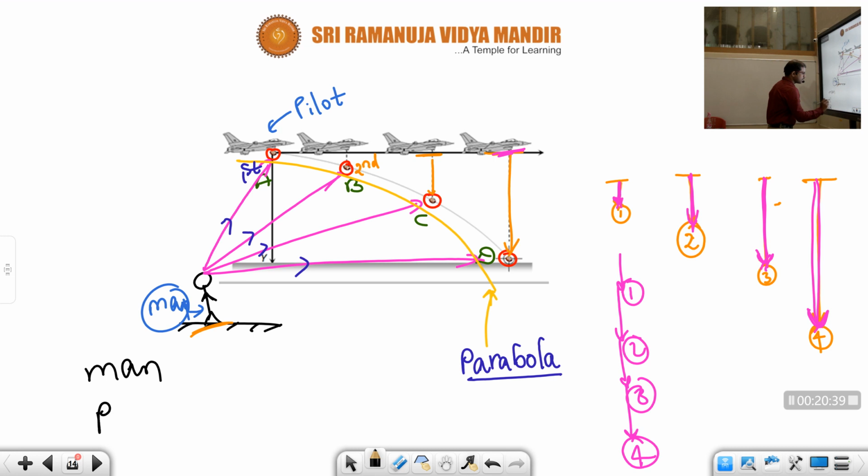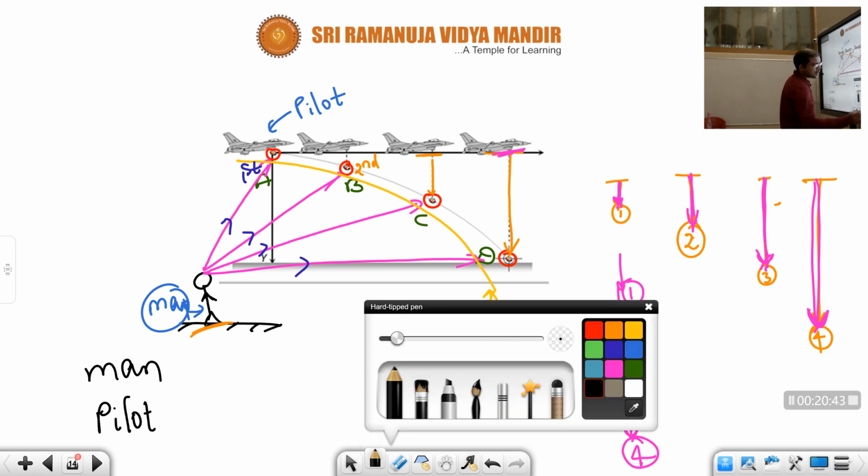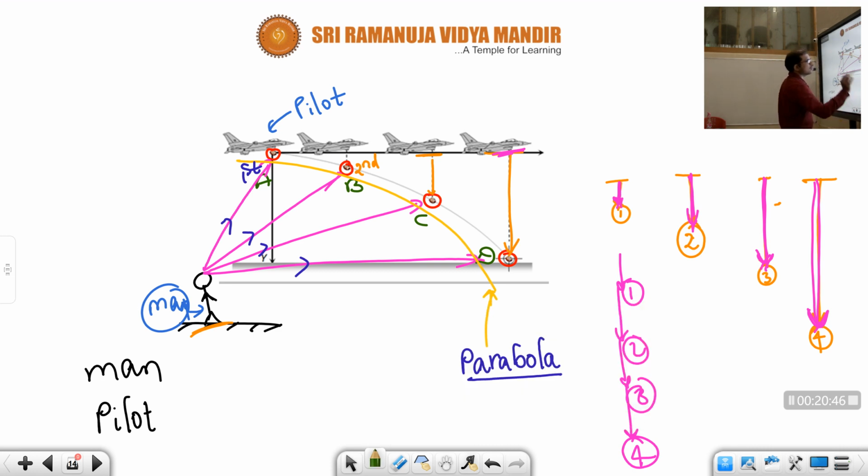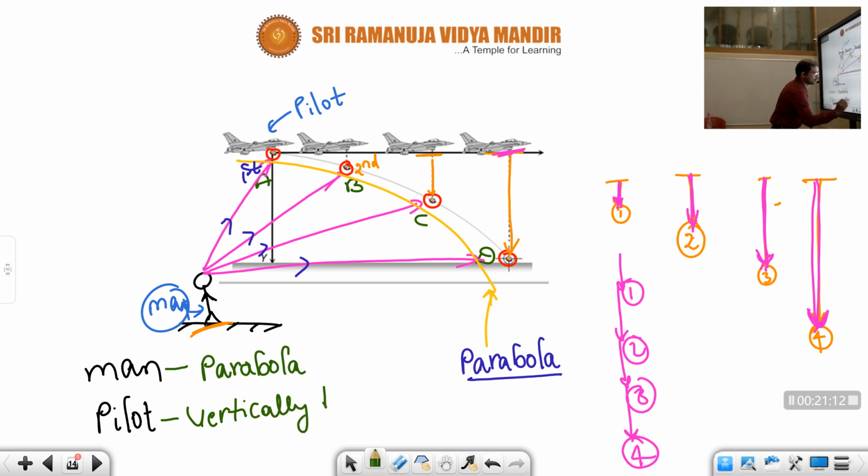Two things, children, for the man and for the pilot. For the man, how will the path appear? Parabola. For the man who is standing on the ground, the bomb is going in a parabolic shape. And for the pilot, how is it appearing, children? For the pilot, it is appearing vertically down.